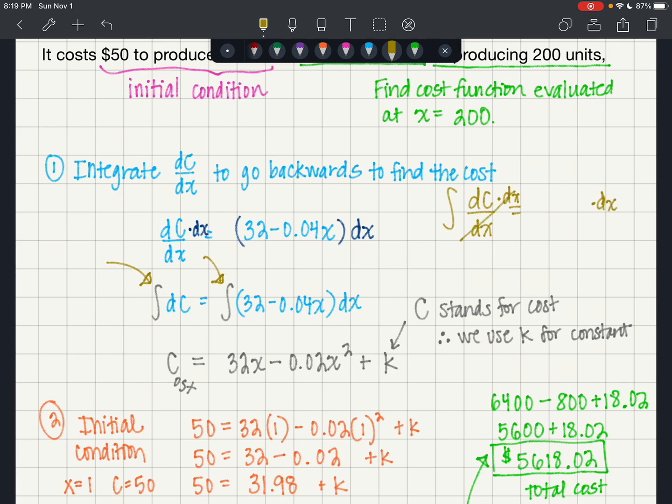Then when I integrate, I'm just integrating dC, which is C. It's one of the coolest things since sliced bread. The way math works, it's just amazing. Lots of cool things happening around us.